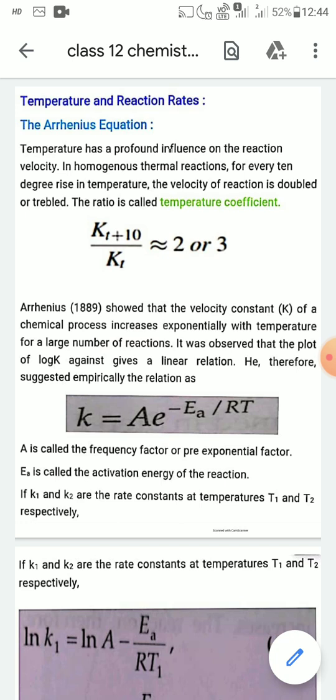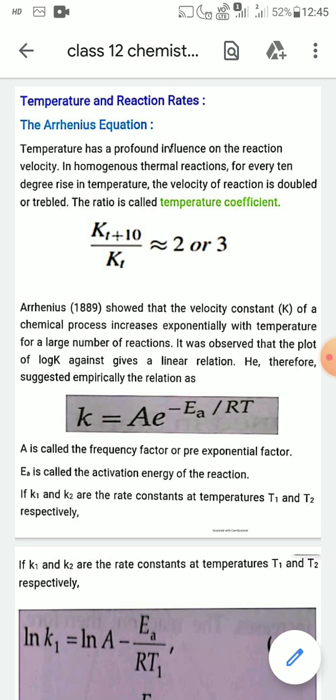You have to remember these two equations, because using them for a first order reaction you have to solve some numerical problems on the basis of the integrated rate law of first order chemical reactions.